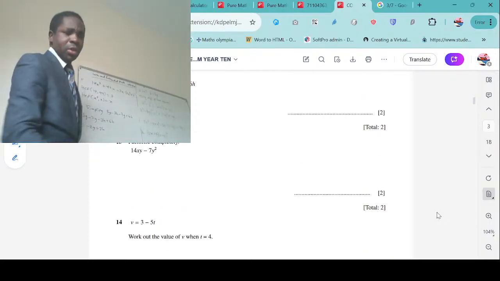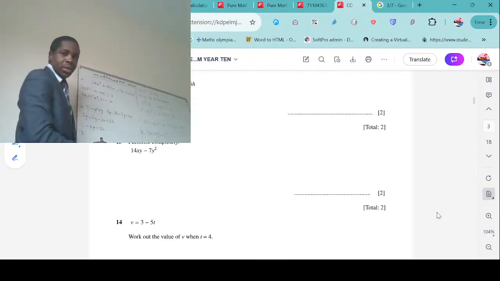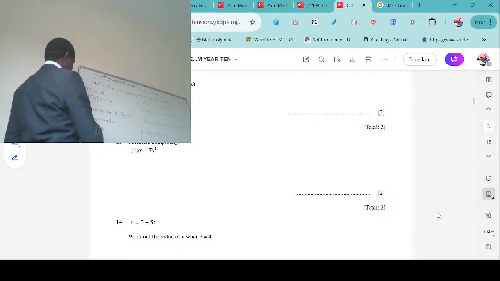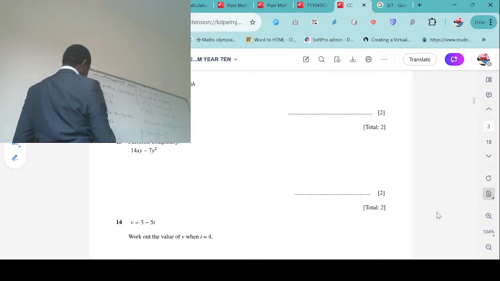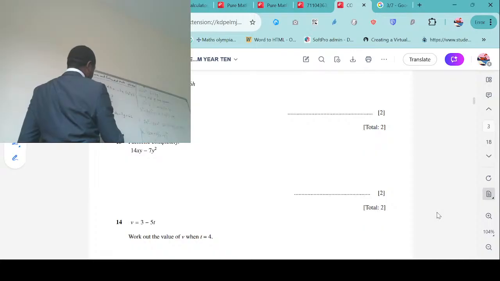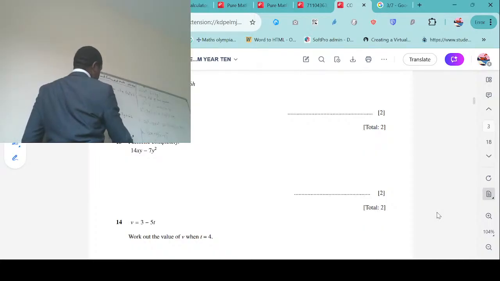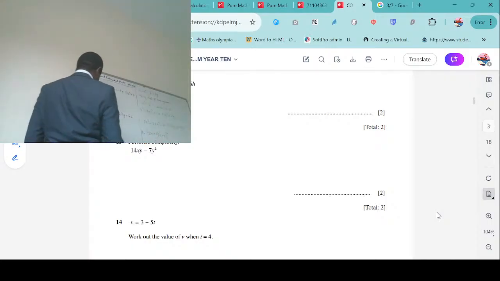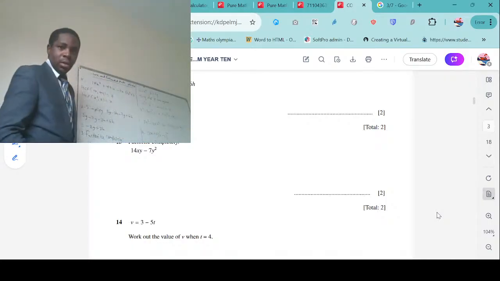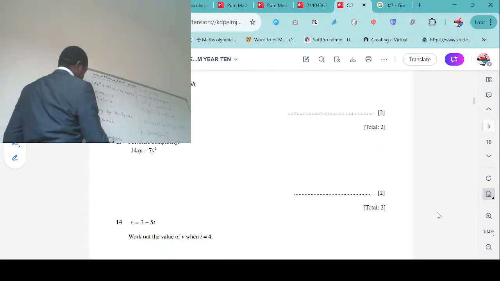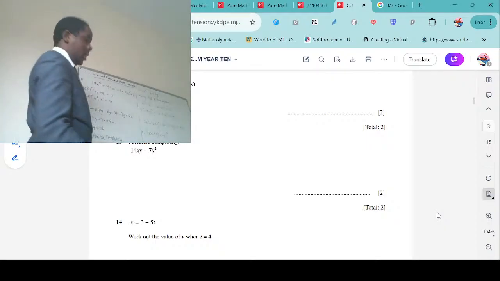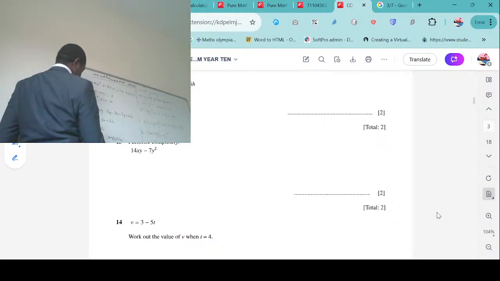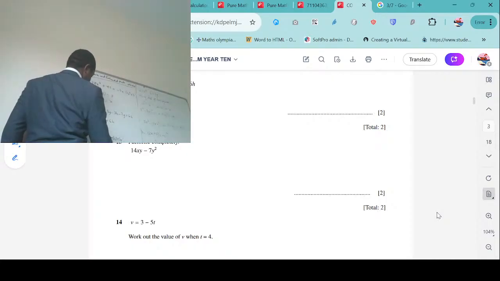The next question, question 13, says factorize completely. Always say completely so that you don't fall into any trap. 14xy minus 7y squared. Again, the highest common factor of 14 and 7 is 7.